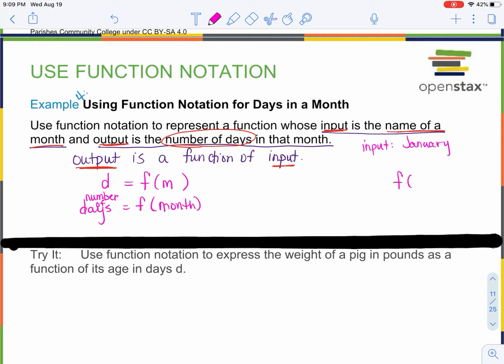So the function of January, capitalized, is equal to the number of days, and the number of days in January is 31. The function of February, if it's not a leap year, is 28.